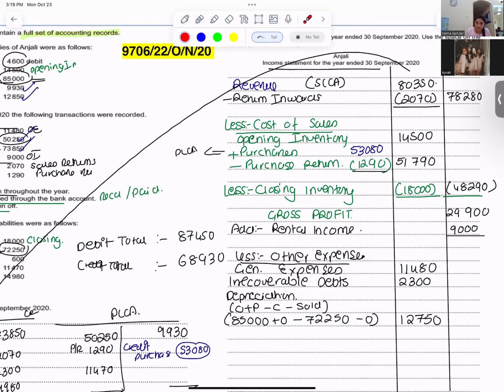So the total of this is 25,930. So you get your profit for the year: 38,990 minus 25,930.